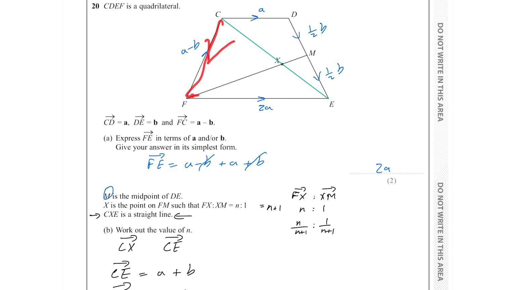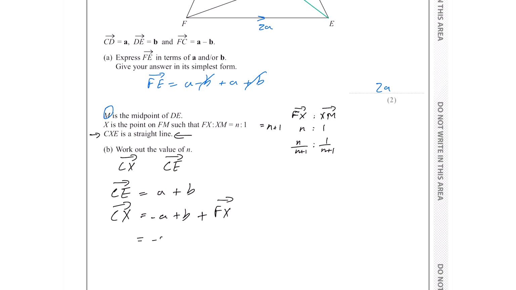And then it's going to be F to X. So plus F to X. I'll just write this like this for now to make it a bit easier. But we know that F to X is N over N plus 1 from here. It's a ratio or a fraction of the full length F to M. So now I want to figure out what F to M is.